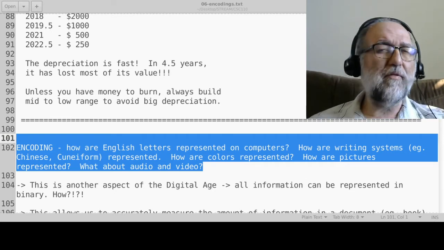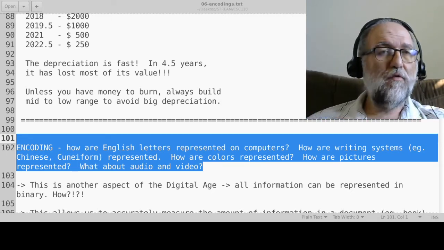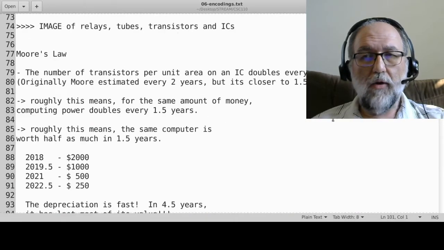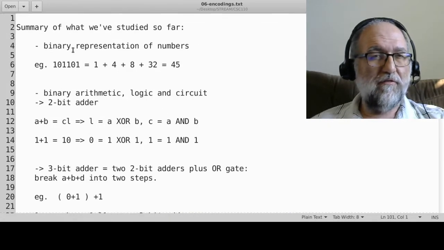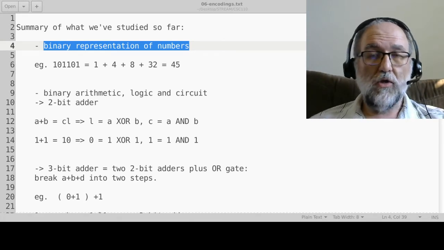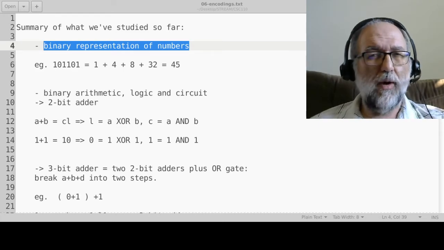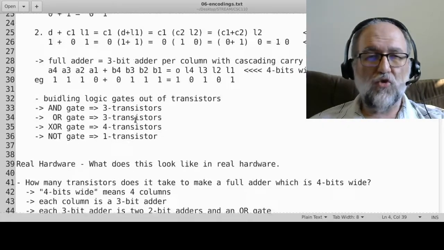Okay, so all information, not just numbers, which is what I did above. If you go way up to the beginning here, I said one of the first things I did was show you how you could do a binary representation of numbers. So, like the number 5 in binary is 101. Okay, that's a binary representation. But now I'm making a stronger claim.